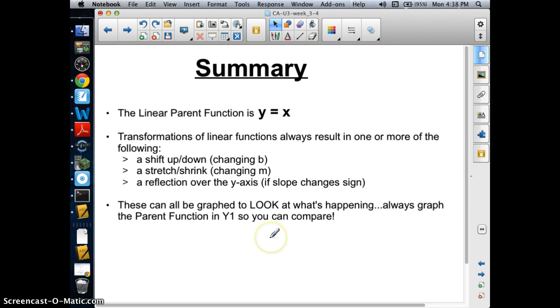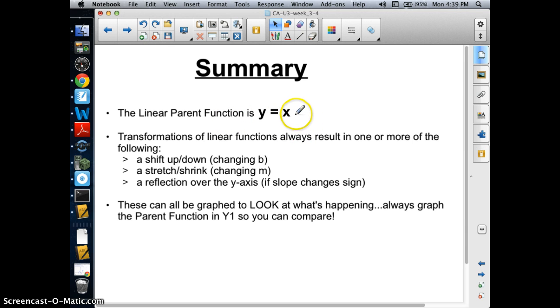Okay, we're going to do a lot of practice with this in class, and in a few days we're going to do this with exponential functions as well, but this will get you used to the way an equation can be changed or transformed using a change in the parameters. For linear functions, that's m and b. So linear parent function is the line y equals x.